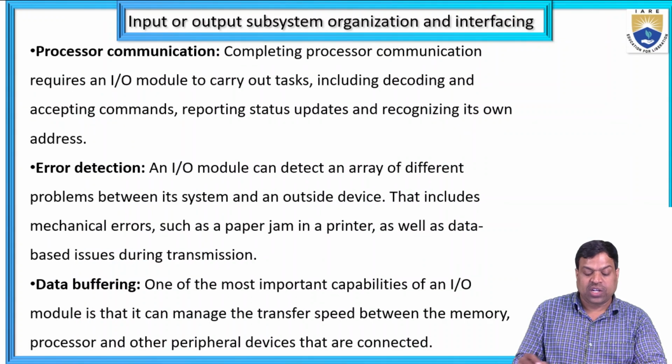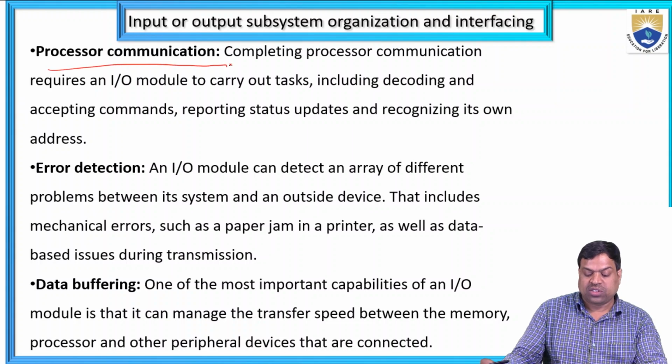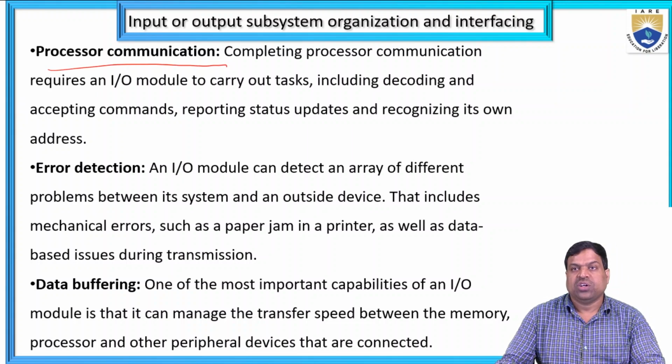Another one is processor communication. Completing processor communication requires an input output module to carry out tasks including decoding and accepting commands, reporting status updates, and recognizing its own address. And error detection means an input output module can detect an array of different problems between its system and an outside device.